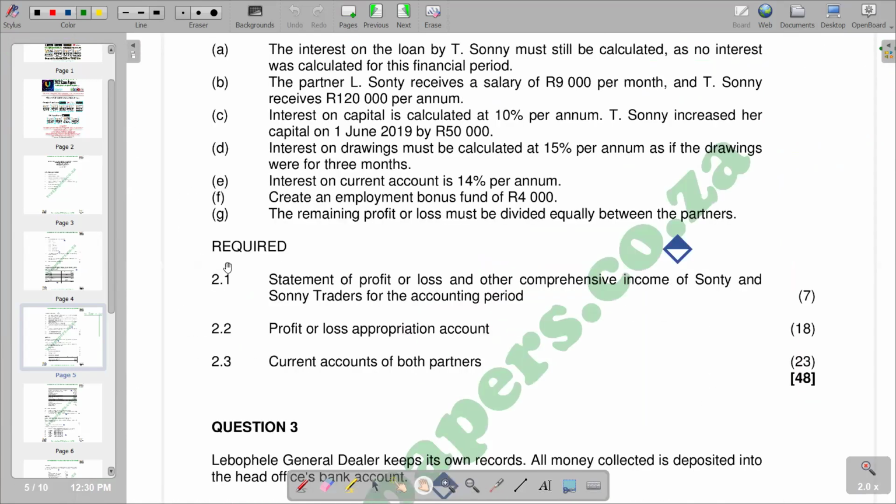You'd see that here on 2.1, that's where we have the statement of profit or loss and other comprehensive income, which was prepared, and the figure was 626,480. So this is the figure that we are going to start with in the profit or loss appropriation account, a figure that is being transferred from the statement of profit or loss.